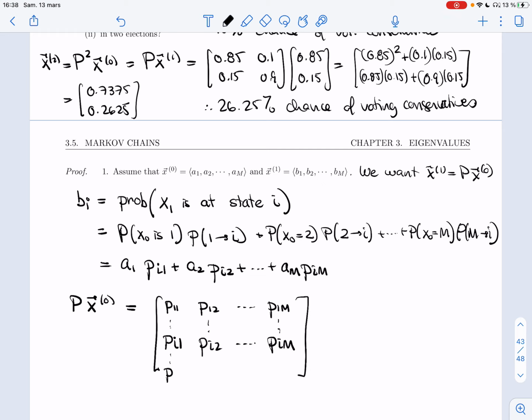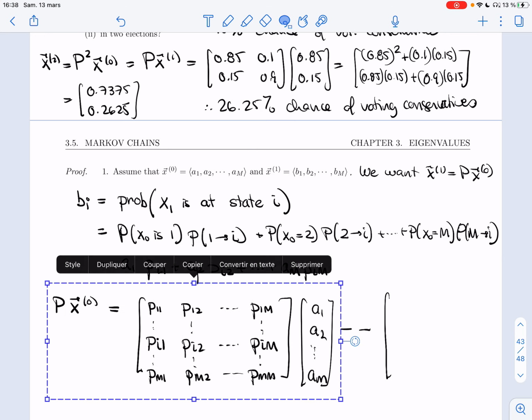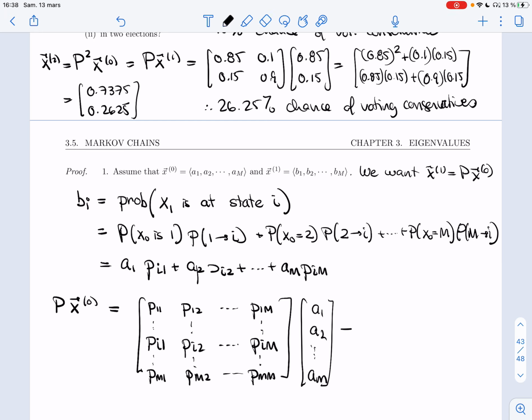And then down to Pm1, Pm2, Pmm. I want to multiply this by a1, a2, ..., am. Let's look at the entries, starting with the first one.